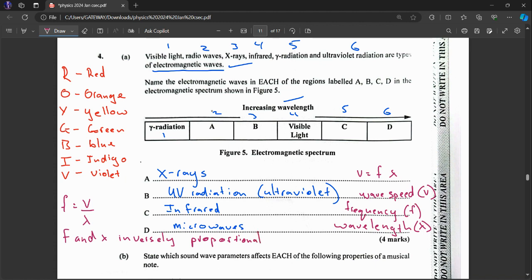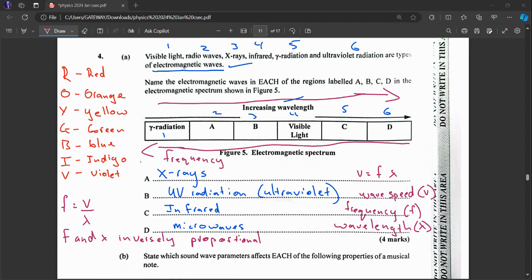Basically, if you're increasing in wavelength going to the right hand side, then you would be increasing in frequency going to the left hand side, like down here. So you could draw an arrow going like that. You're increasing going backward, that is in frequency, and you're increasing in wavelength going to the right hand side. Very important to know and understand that.